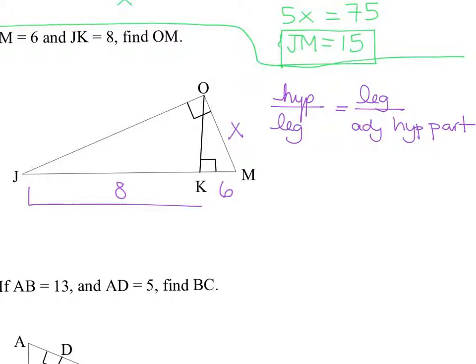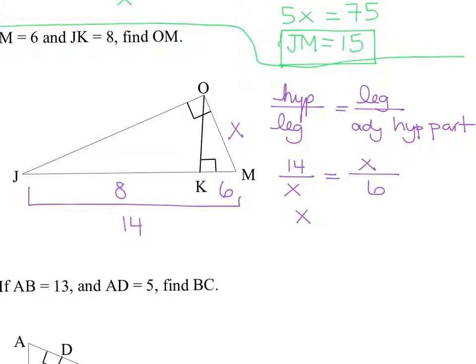Full hypotenuse is made up of that 8 and 6 or 14. 14 over x equals x over, well, is our adjacent hypotenuse part 6 or 8? Hopefully you're saying 6 since it's right next to it.